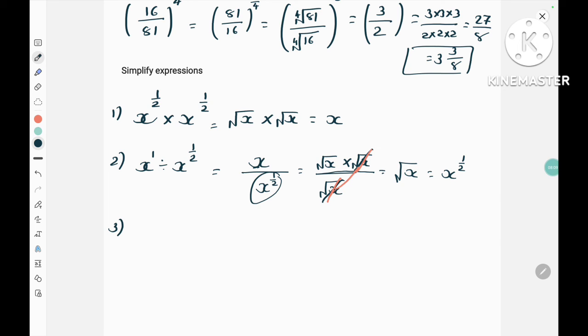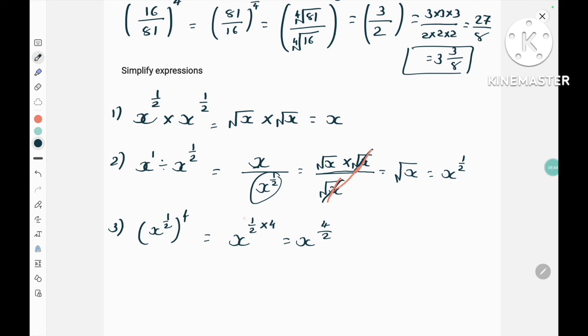Let's move on to the third example. If we have something like this: x to the power of half, bracket close, power of 4. If we have a power inside and outside the bracket, that is a power of a power, we multiply them, right? So x to the power of half times 4. If we multiply this power, it is going to be 4 over 2, as we follow the rules of multiplying fractions.